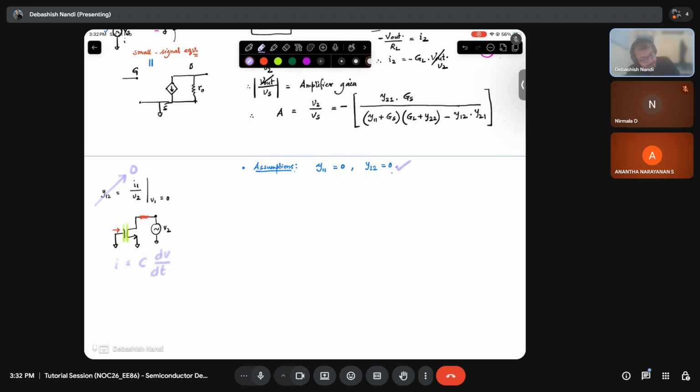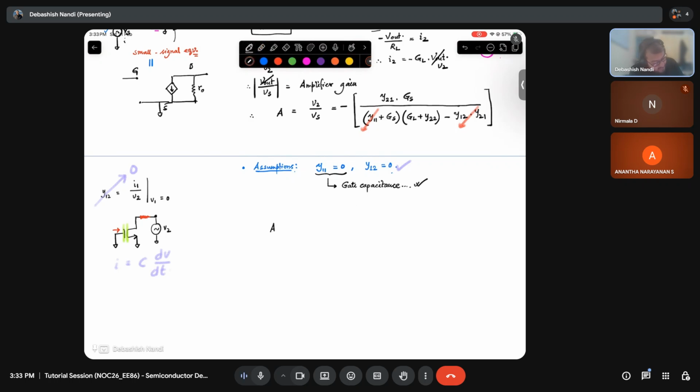Similarly, your Y11 component you can also ignore, although it is more difficult to ignore this, provided this gives you your gate capacitance that we have discussed in our last session. So for the time being we'll ignore this. Okay, so if I ignore this component and this component, what am I left with?